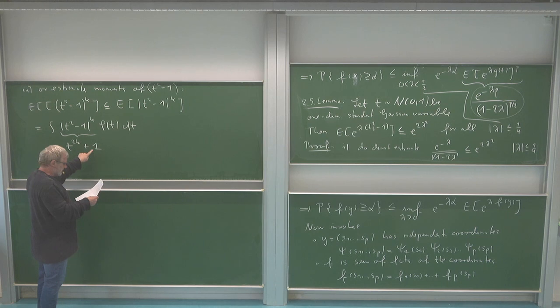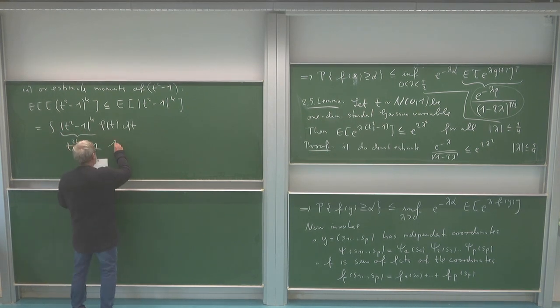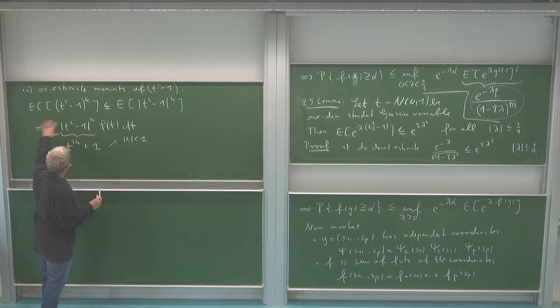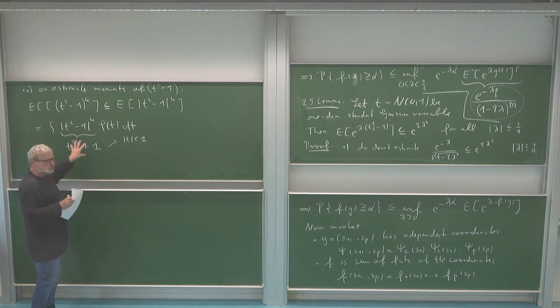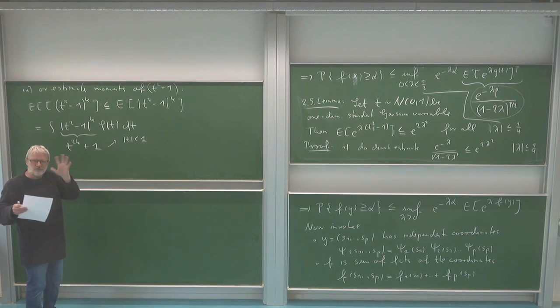And here I can estimate it like this, by checking two cases. You are running here over all t, so you need this estimate to be true for all t. And here I have the absolute value, so what I have in between can be smaller than 1, but it can also be bigger than 1. And in both cases I have to do different things.